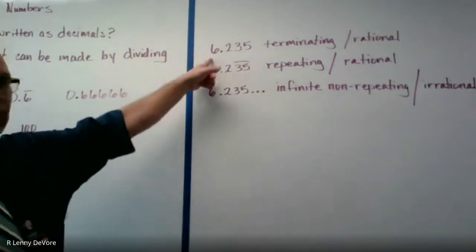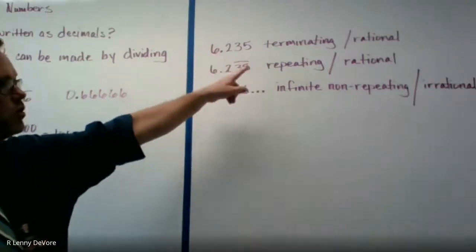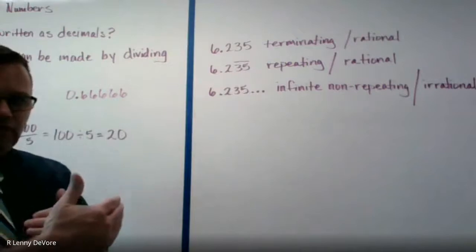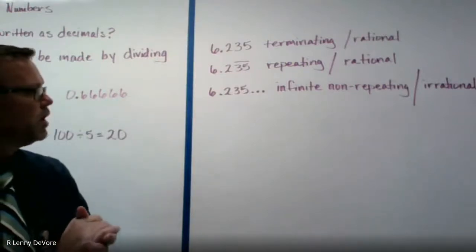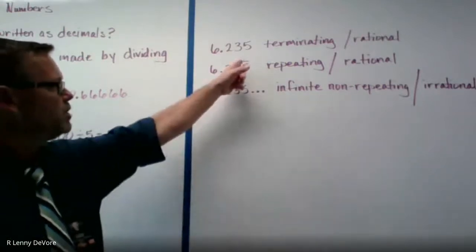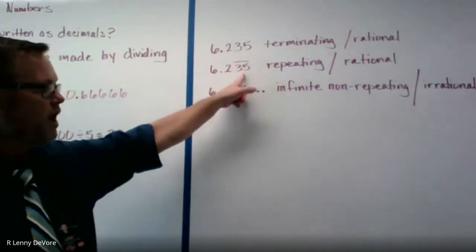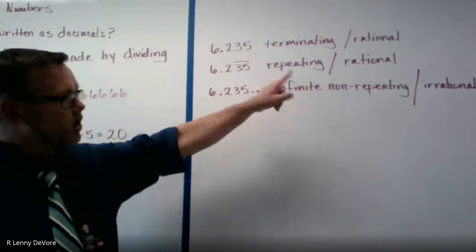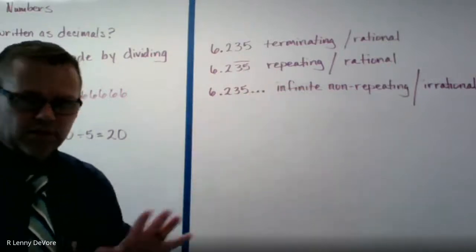Now, if we just leave it like this, it's a terminating rational number. It can be put exactly into a fraction, so it's rational. However, I can just add a repeating sign over the 35, and this makes it a repeating number, but it's still rational. Any repeating number is still rational.